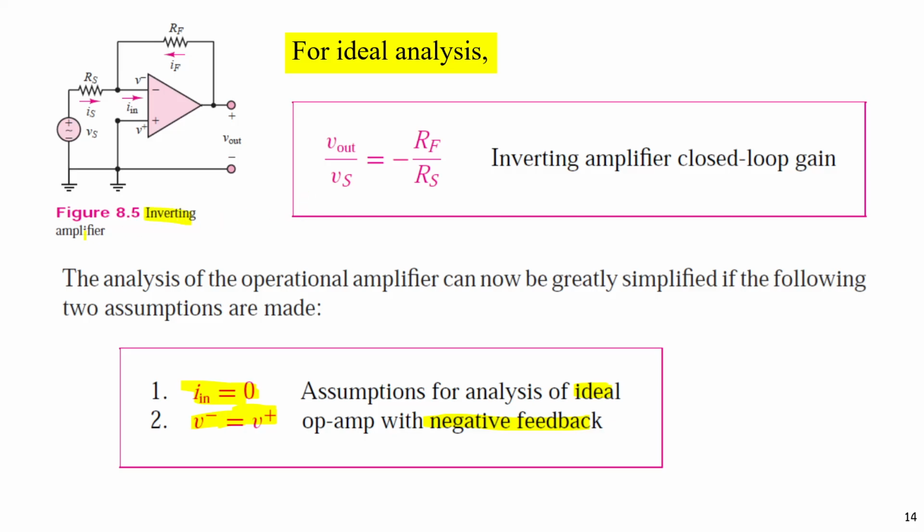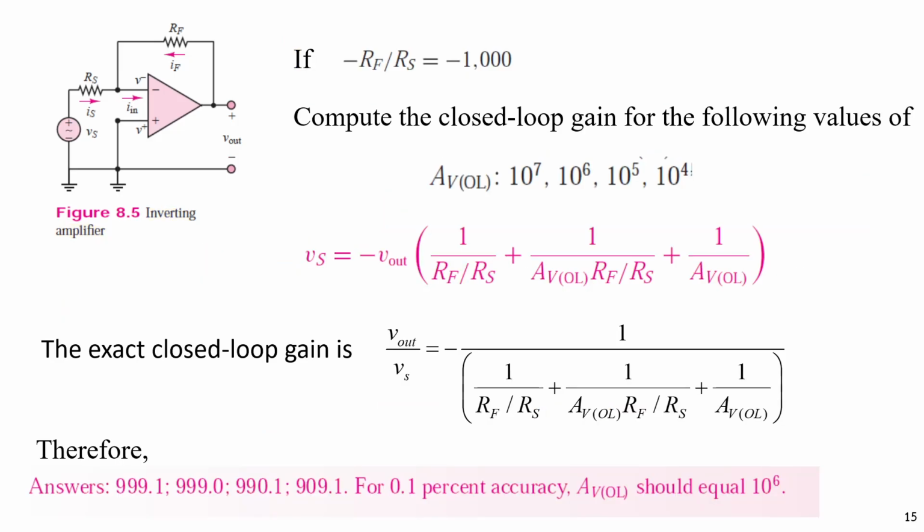Inverting amplifier. Invert means negative value, right? If we consider A with a large value, we can get a different gain.